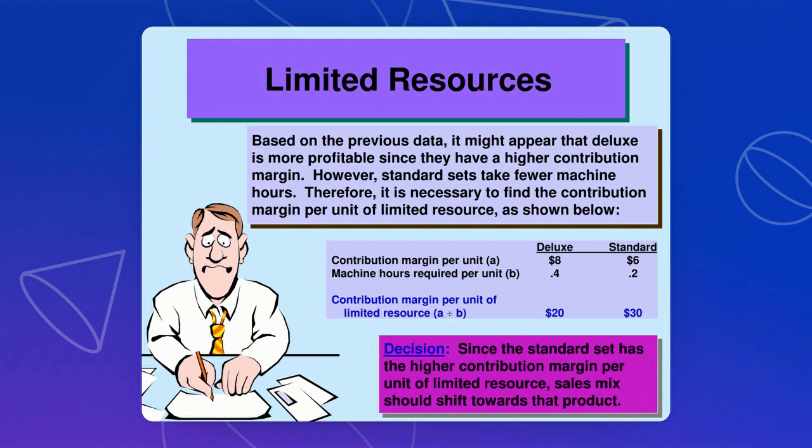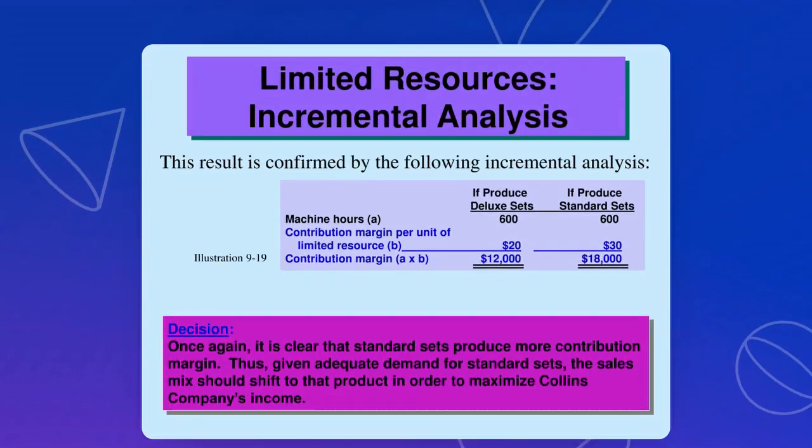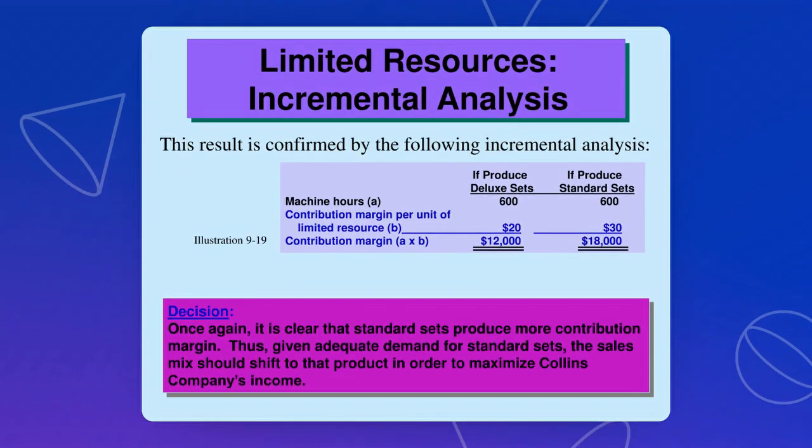Since the standard set has the higher contribution margin per unit of a limited resource, the sales mix should shift toward that product. So what we will choose is our standard because standard has the highest CM per limited resource.